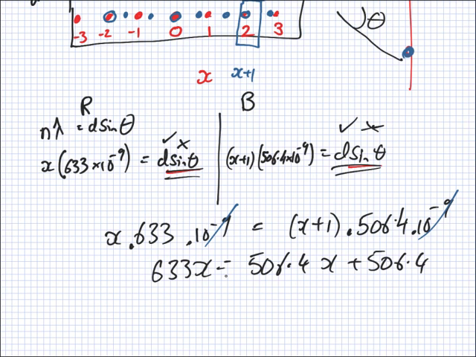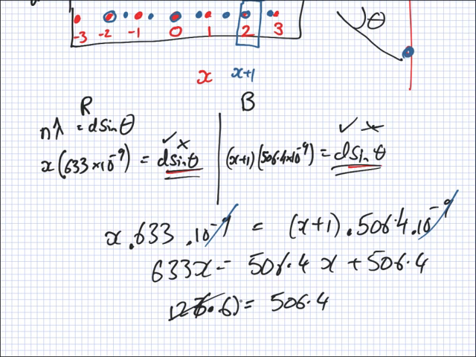So, what is 633 minus 506, please? 126.6. That's equal to 506.4.